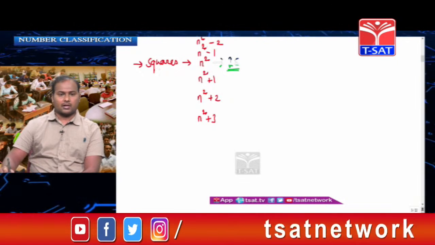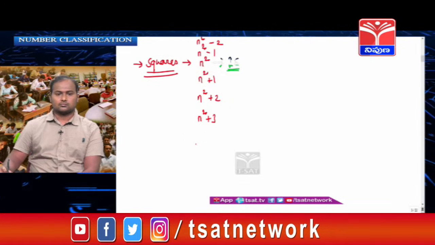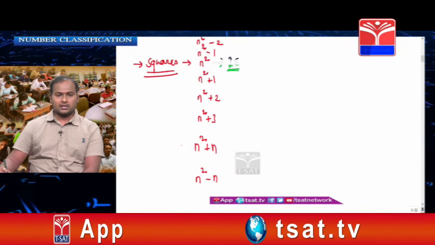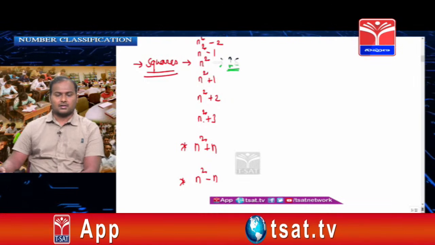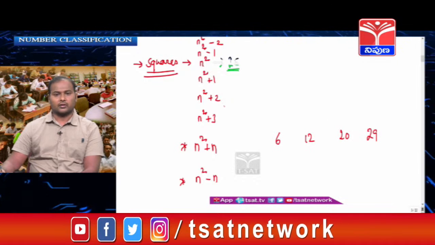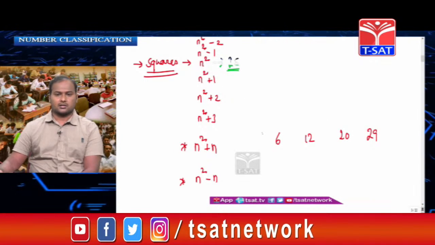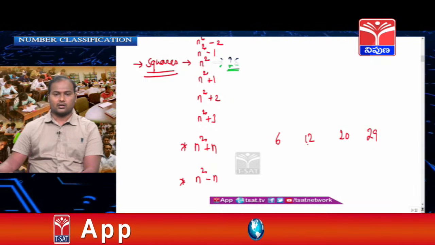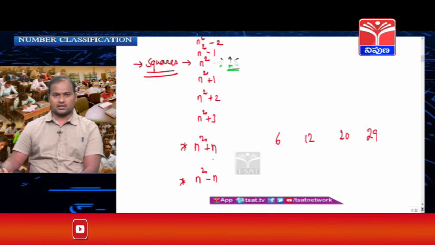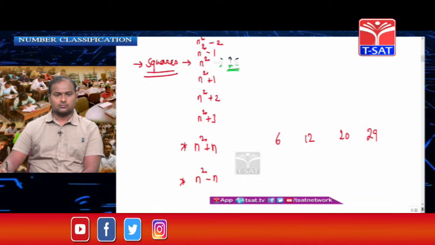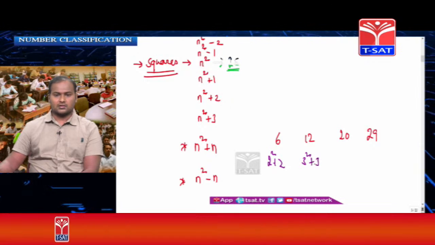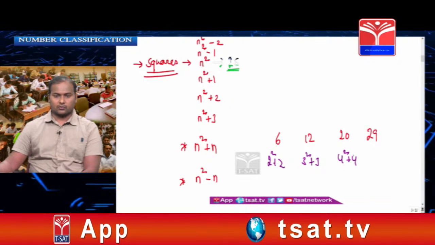A very important format in squares is n square plus n and n square minus n. You will see a lot of questions based on the format of n square plus n and n square minus n. For example, these are the numbers given. Generally, you can't pick the answer by saying one number has only one digit and the others have 2 digits. Don't do it like this. You have to observe the pattern given here. If you see this one, 2 square plus 2, 3 square plus 3, 4 square plus 4.